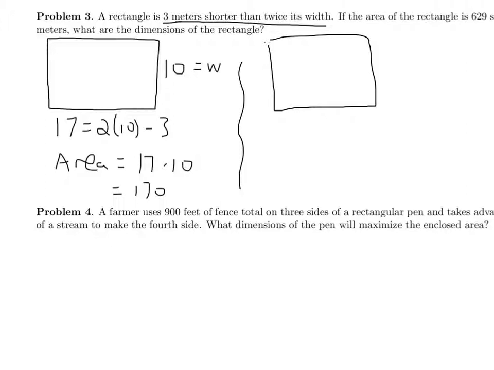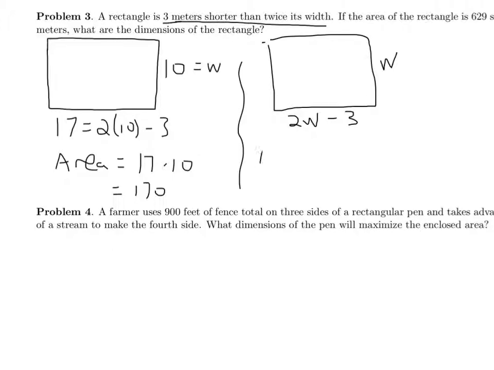So if instead of the width being 10, I just call the width W, then the length is going to be twice the width minus 3. That's exactly how I got the 17 here. I doubled my width and subtracted 3. So if I call the width W, doubling the width and subtracting 3 is that.